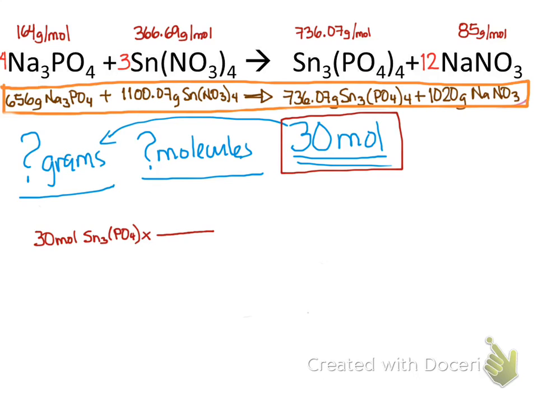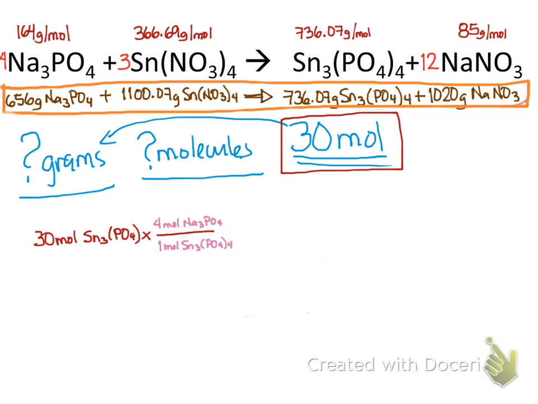The relationship in moles between tin phosphate and sodium phosphate is 1 mole of tin phosphate because it has a 1 coefficient. And what is the coefficient in the reaction for sodium phosphate? 4. Then we can cancel the moles.